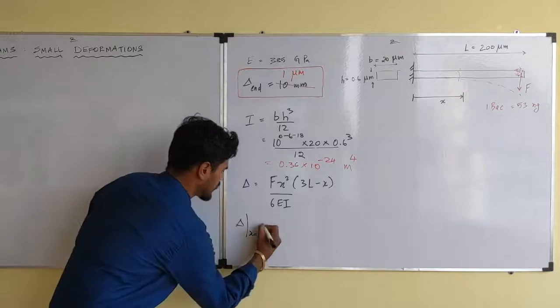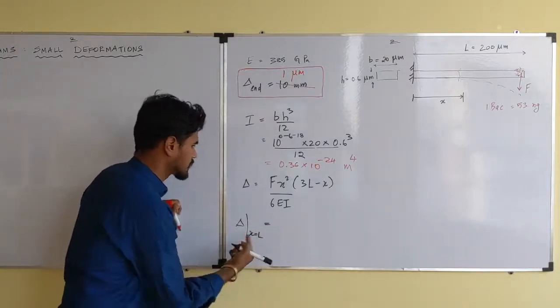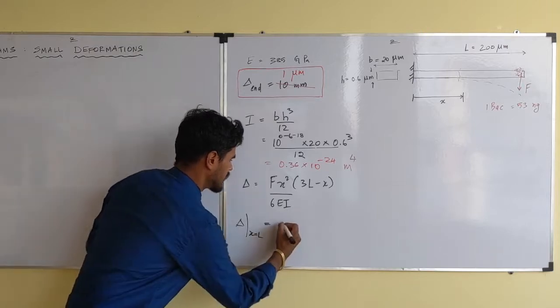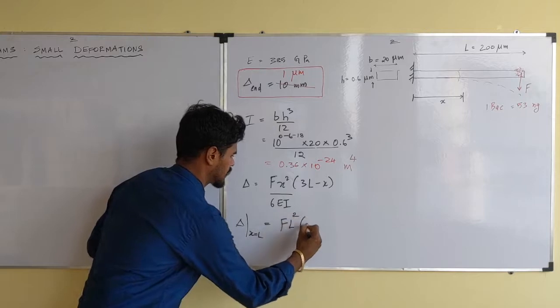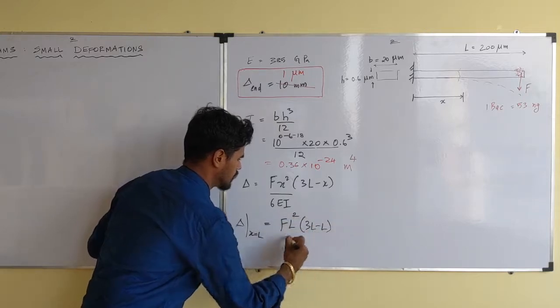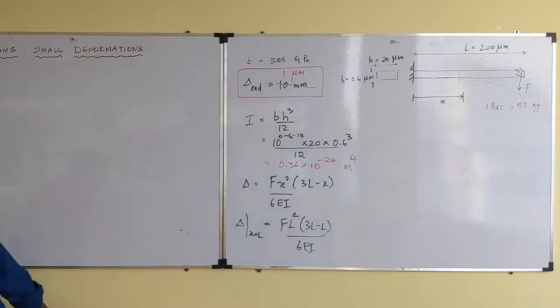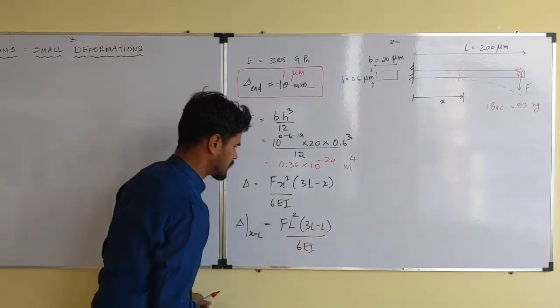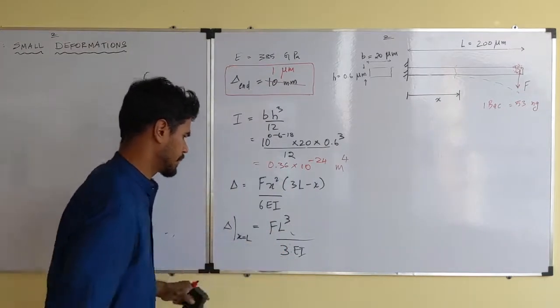So the deflection at the end of the beam, let's call it delta max or delta at X equal to L, will be F L square times 3L minus L, by 6 EI. If you simplify this expression, this will be F L cubed by 3 EI.